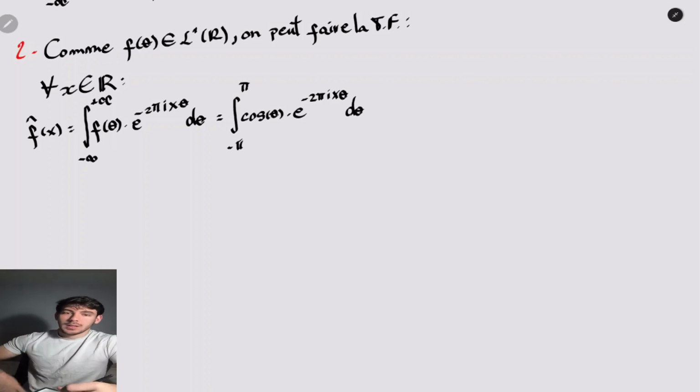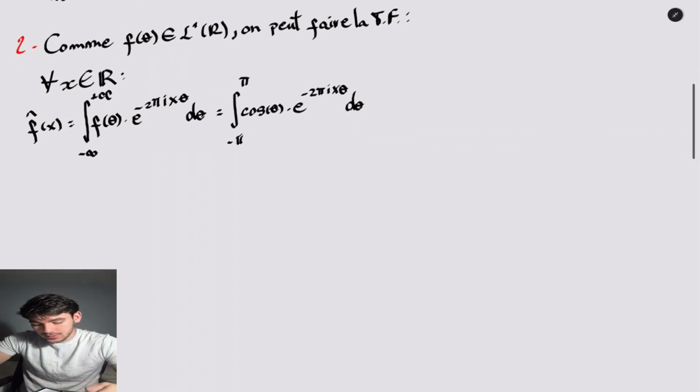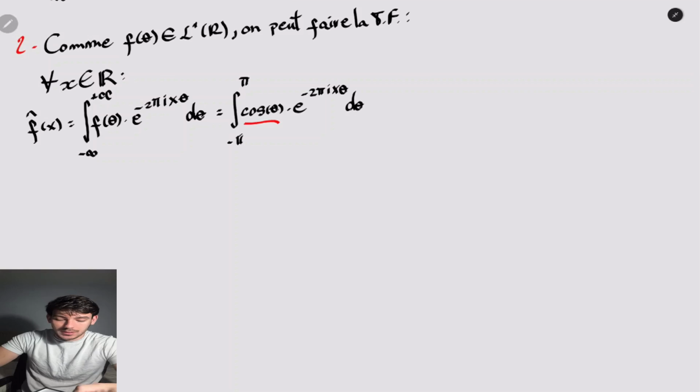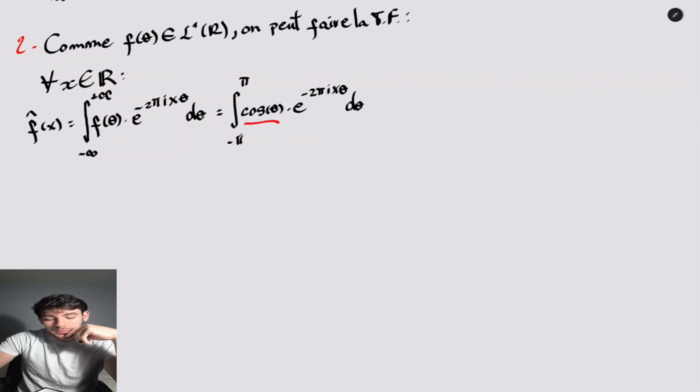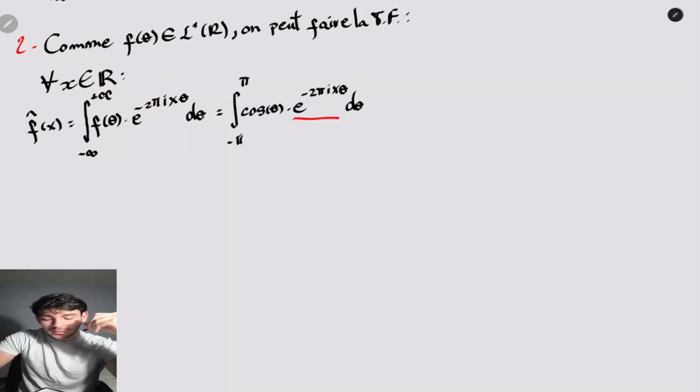All right, and now we can do this integration by different methods. We can open the exponential into cosine and sine, since the exponential of i times theta is equal to cosine of theta plus i times sine of theta.